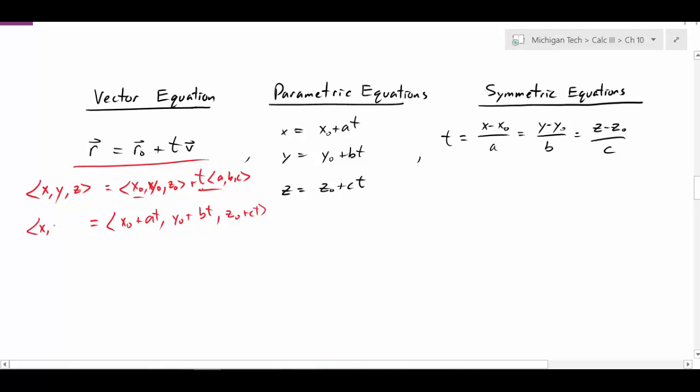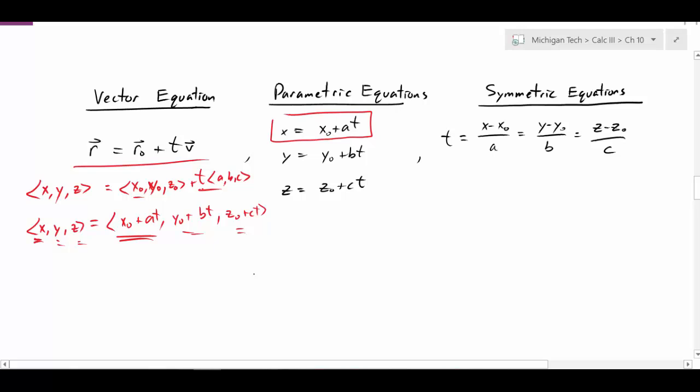And this is still equal to x, y, z. And of course, these two vectors are equal if and only if their components are equal. So that means x must be equal to this piece, which is exactly our first equation from the parametric set of equations. And so we can see that this is how we get that parametric set of equations.